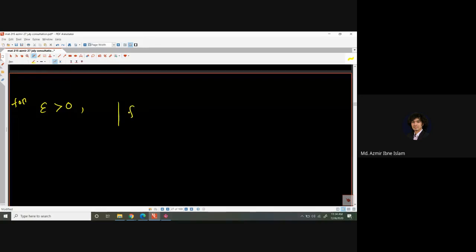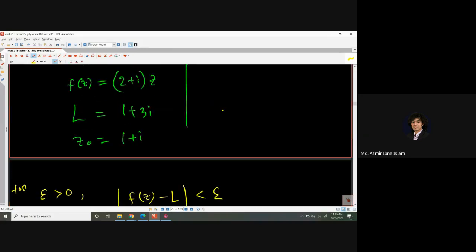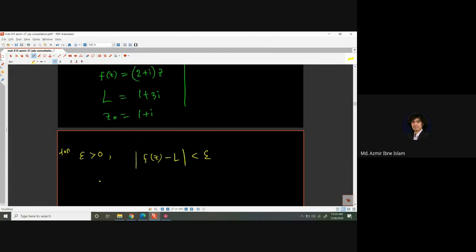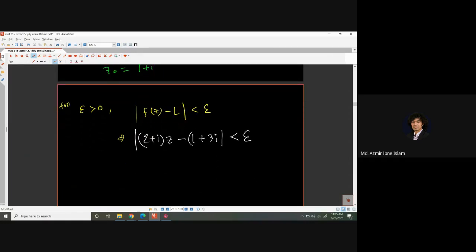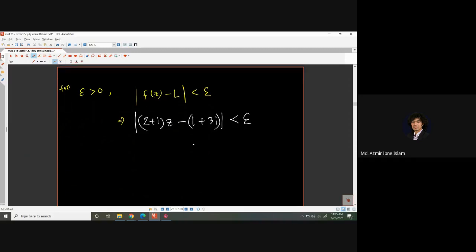So we have modulus of f of z minus L less than epsilon. So we just need to place this. Here in f of z, we can place 2 plus I z minus L, and L is this one, 1 plus 3I, less than epsilon. Clear? Oh, there will be a parenthesis. Yeah. Is that okay?